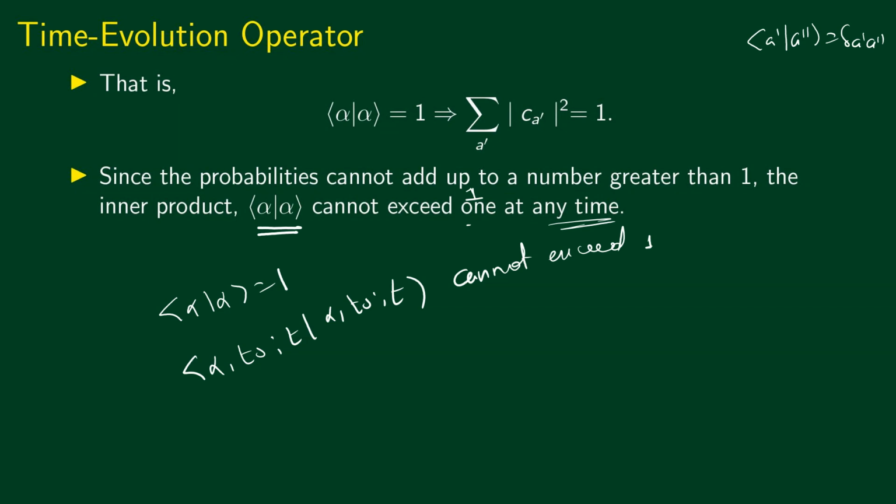Okay, so according to the probability postulate, this inner product cannot exceed 1 at any time. All right, can it be less than 1 at any later time? That's what we'll examine next.